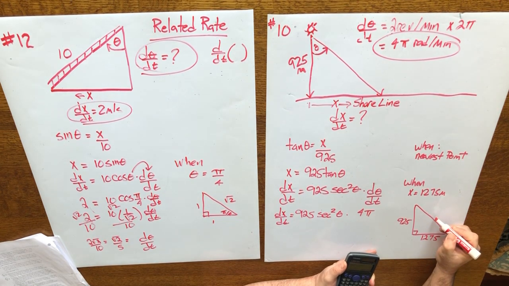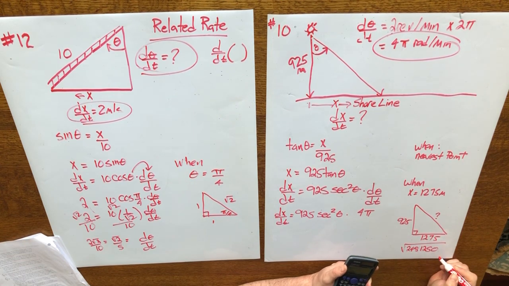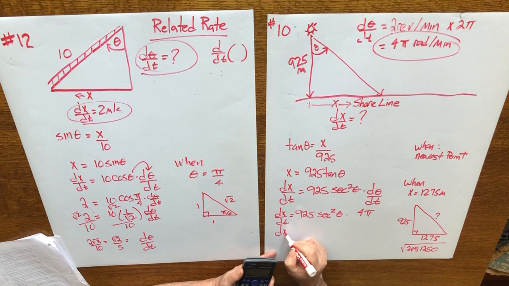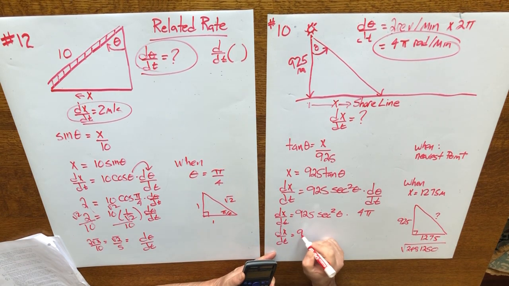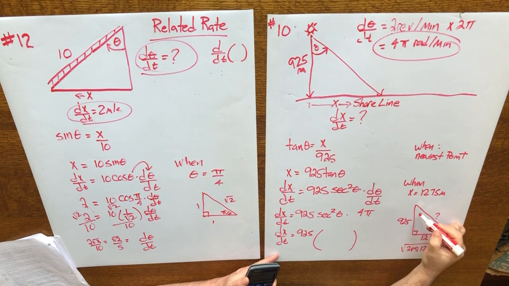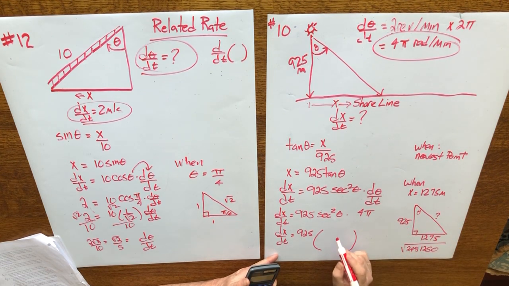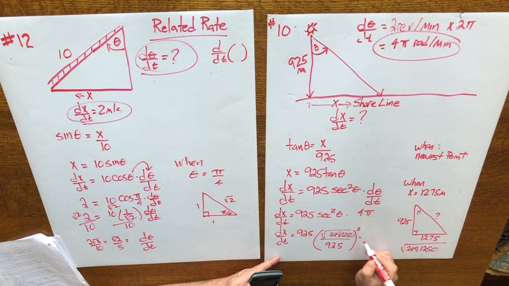So we get this value right here to be the square root of 2481250. So dx over dt equals 925 times, and secant of theta is going to be hypotenuse over adjacent, square root 2481250 over 925, and all of that is squared, times 4 pi.